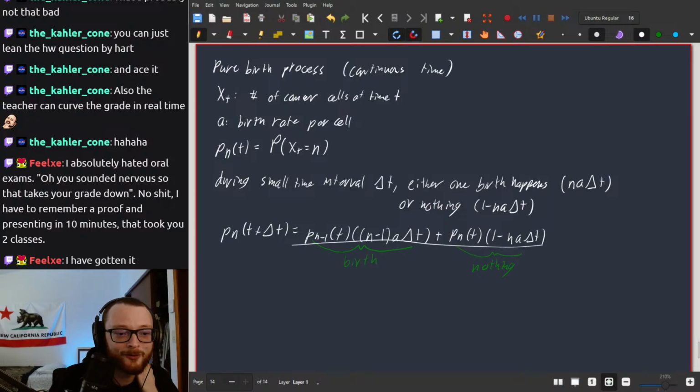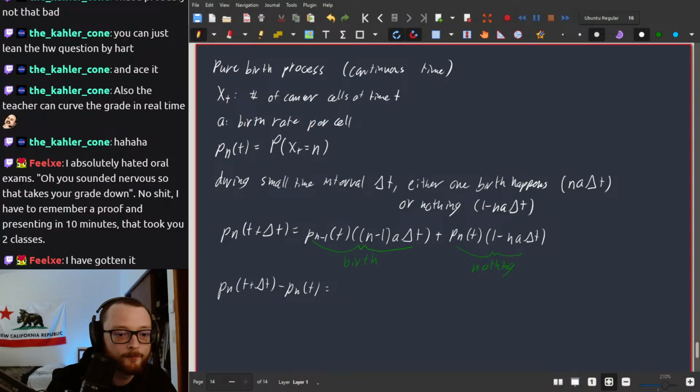Okay, the trick with this equation is this p n of t, you can subtract it to the other side. And then you can divide each side by delta t.